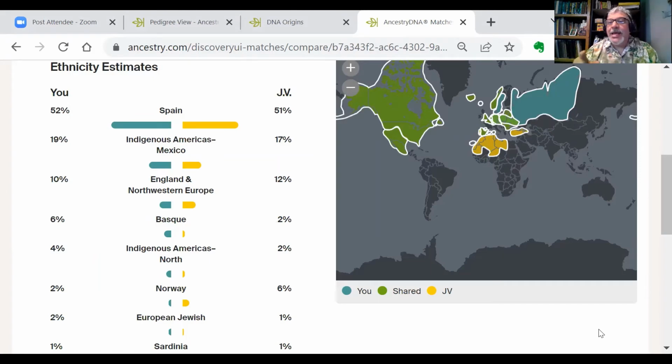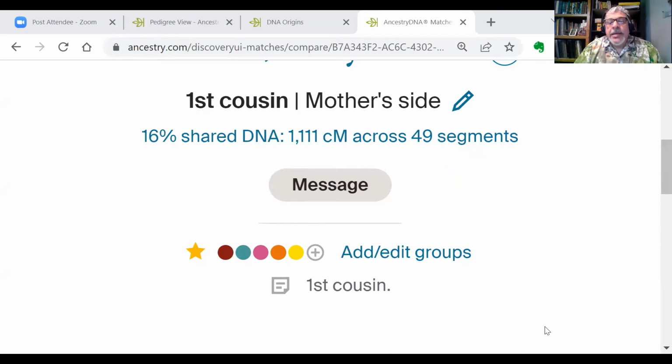So is that where I'm getting this? Possibly. So I wanted to compare it to a few other things, a few other people. So here is my aunt's son, my first cousin. Both of my aunt's sons have done their DNA.